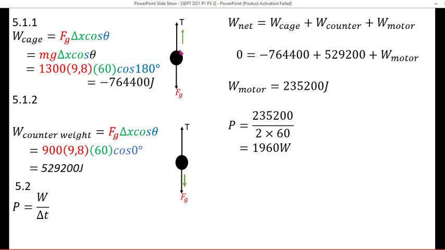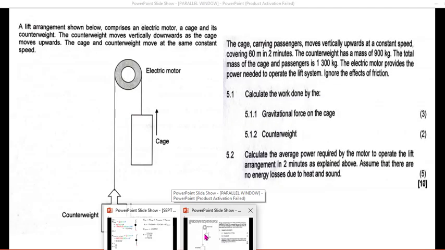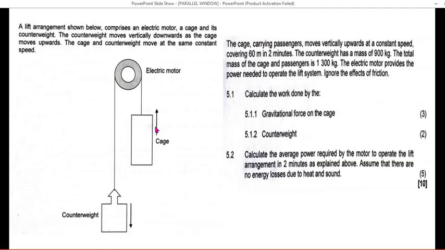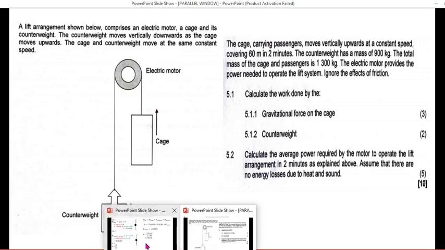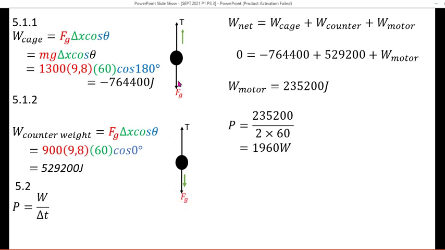The cage, if you remember, moves up, and this cage is moving up, so we have that free body diagram showing the direction. The green arrow is showing the direction of the motion, or the direction of the displacement. Displacement is up, the gravitational force is down, and the angle between them is 180 degrees. That is the angle on a straight line, which is 180 degrees.